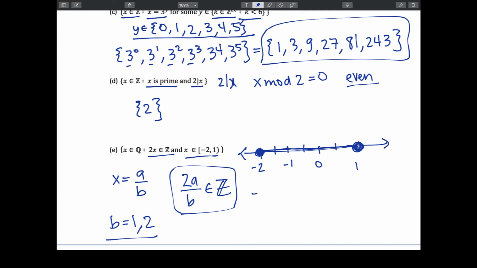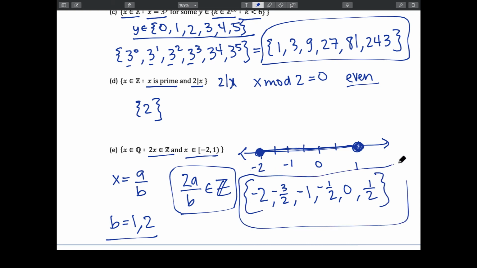So I'm going to have -2 in that set, -3/2 in that set, -1, -1/2, 0, +1/2, and that's it. I don't get 1 because this said we don't include 1. We do include the -2, but we don't include 1.